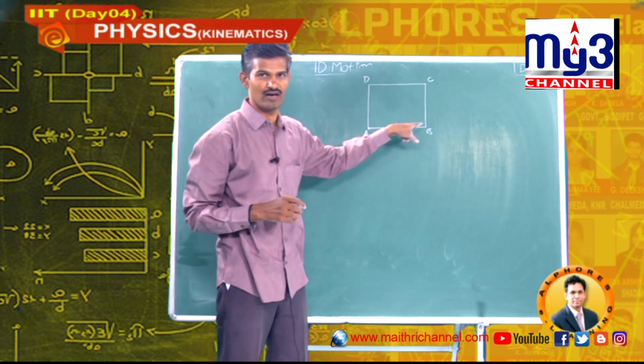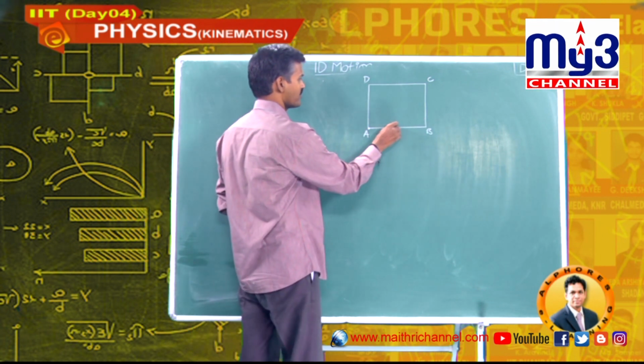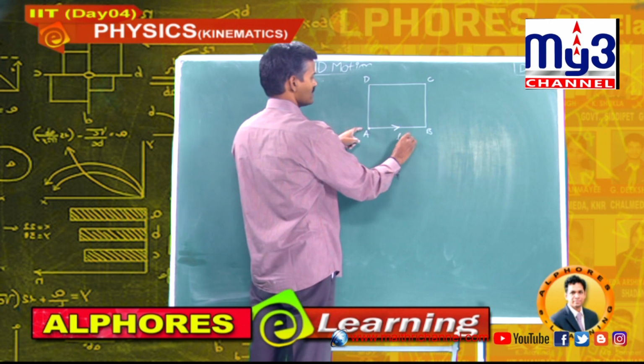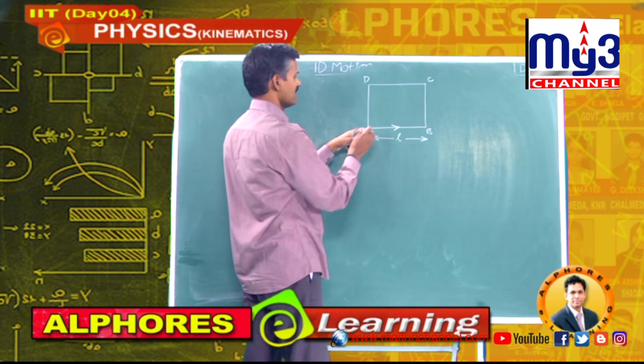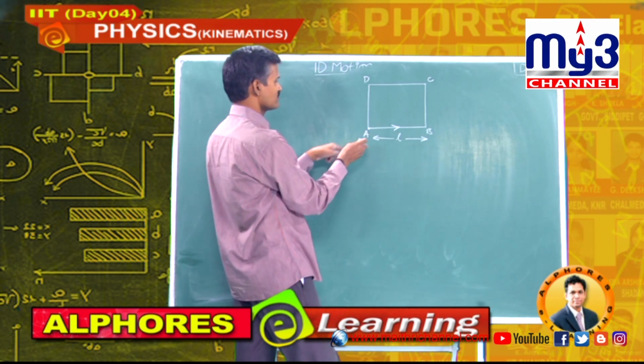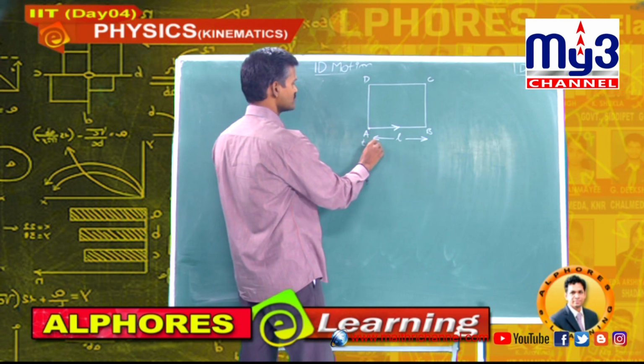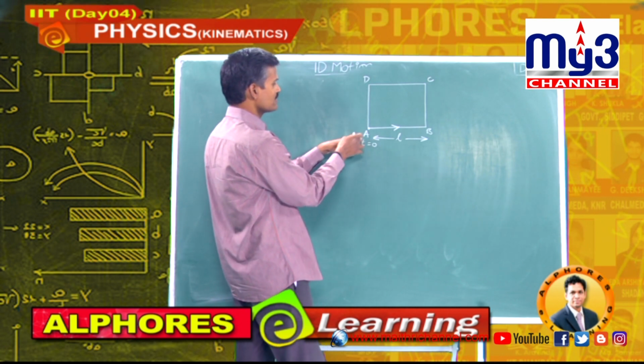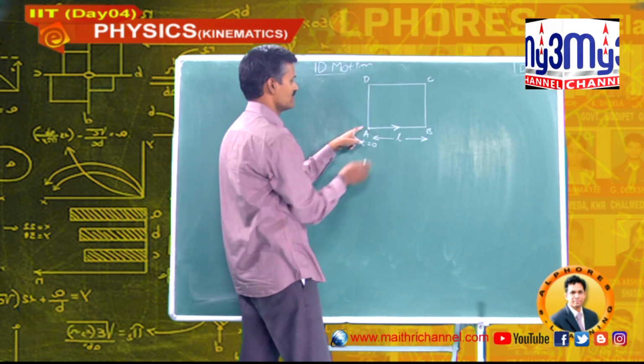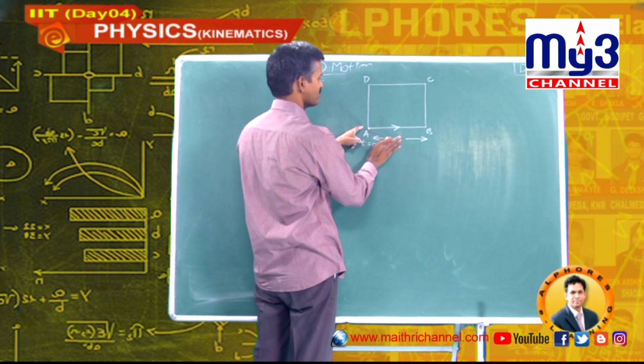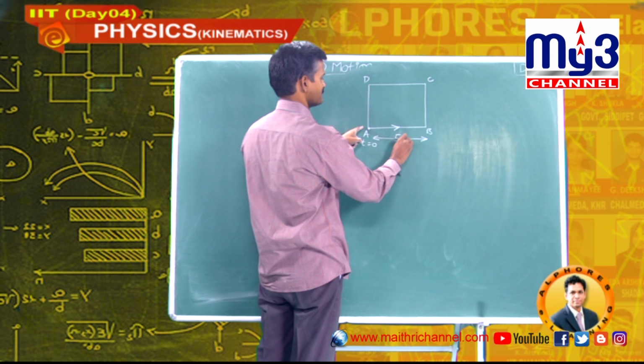ABCD is a square lawn. A person starts at point A, the length of this square lawn is some L. At t equal to 0, a person starts running in this lawn. Suppose this L is 50 meters.